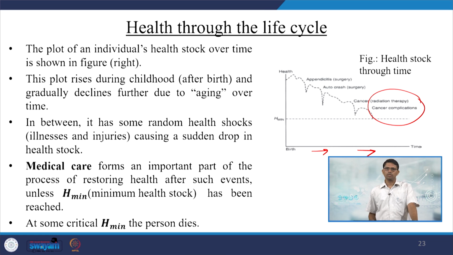Therefore, the health stock is highly compromised, and it is at the bottom of the ladder of our life cycle for health. And medical care forms an important part of the process of restoring health after such events. Therefore, insurance etc. is dealt with differently in different life cycles.